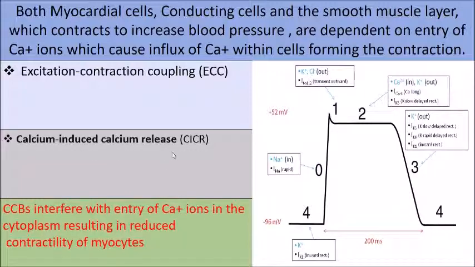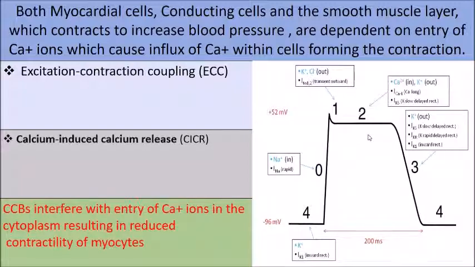What all this causes is an increase in the contractility of the myocytes, and it's also dependent on the smooth muscle cells which line blood vessels to contract and then increase the blood pressure. So if you interfere with the rush of calcium into the cells, you can reduce the time it takes for the heart to contract.